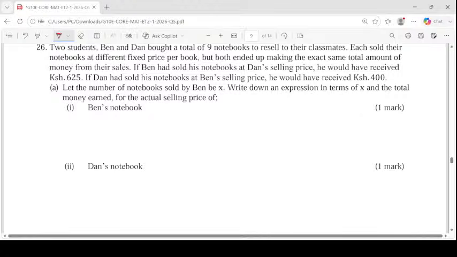Let's see once again. The statement here is a bit big, but we are going to understand. So if Ben sold x notebooks, then it means Dan sold 9 minus x.